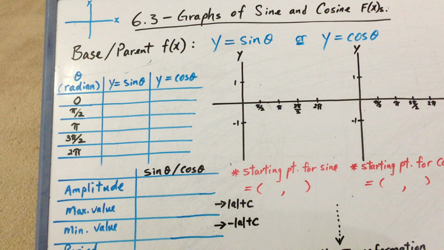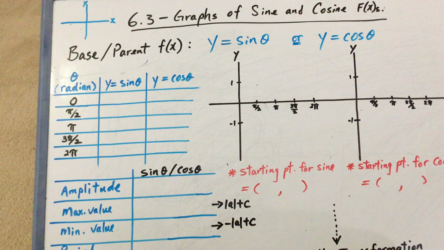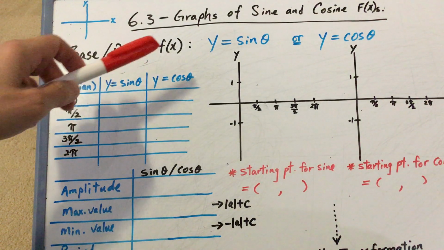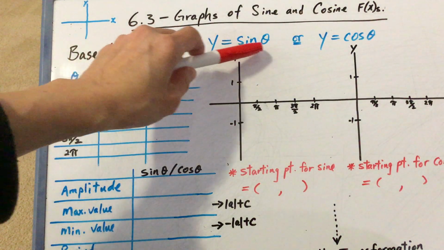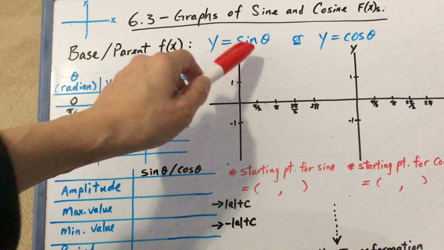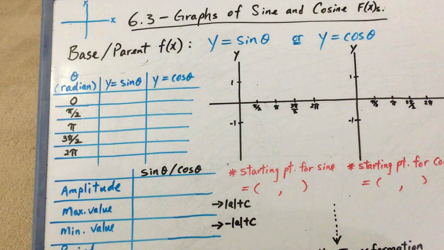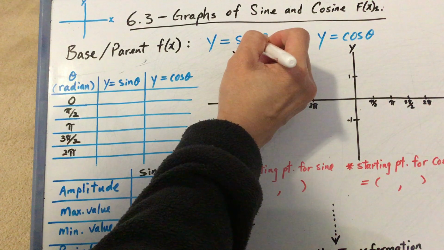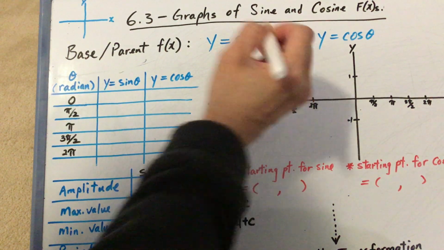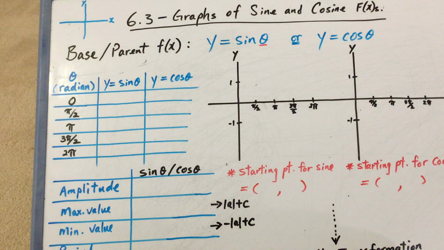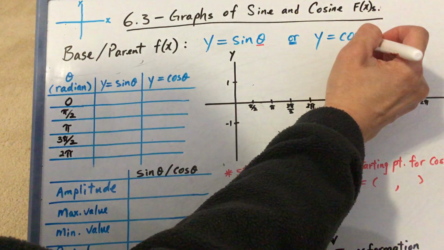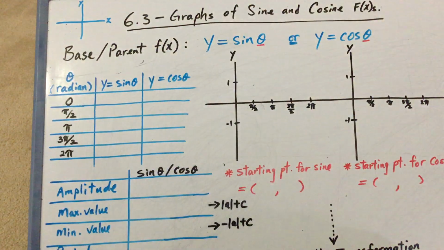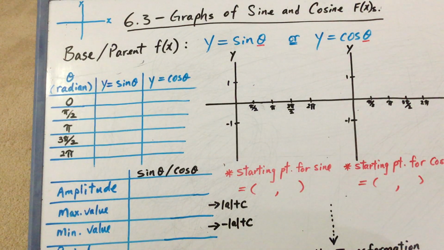So let's do a quick review of the parent functions of the sine and cosine graphs. The parent function of the sine graph is y equals sine theta, or sine x. The variable or the angle that comes after the sine or the cosine indicates the angle.